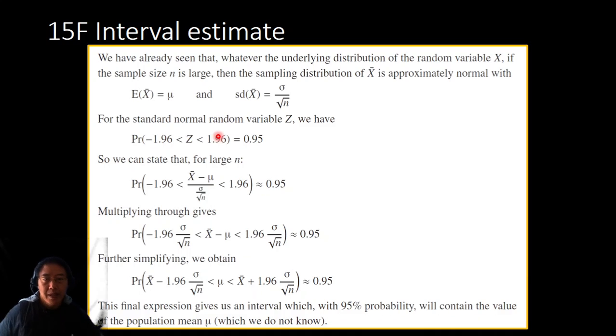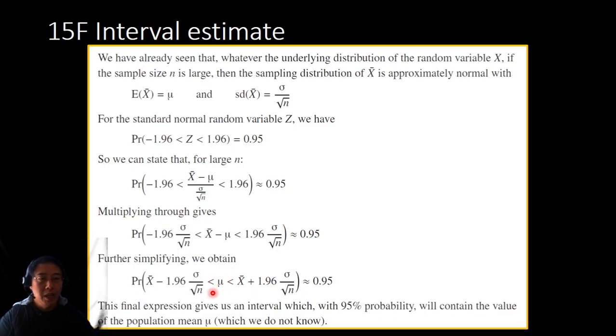Okay. Now Z has been standardized, so we go back to our original expression in terms of the sample mean, the mean, and its standard deviation. And we rearrange that and simplify to make mu the subject.